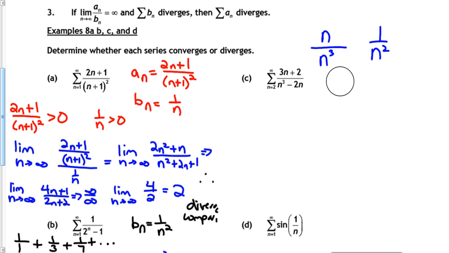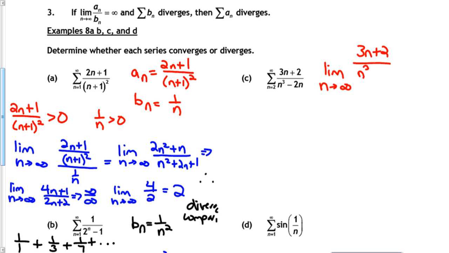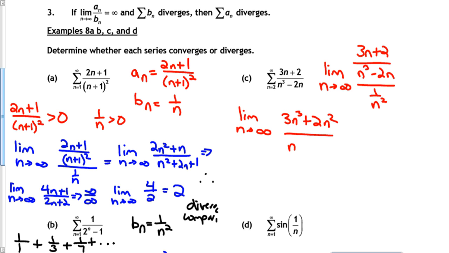So just like I was doing with my last test, the direct comparison test, I'm just looking at the exponents. So for this one, I'm going to have the limit as n approaches infinity of 3n plus 2 over n cubed minus 2n all over 1 over n squared. Simplifying that limit, I have 3n cubed plus 2n squared all over n cubed minus 2n. If you remember from your pre-calc class, you may use that rule.